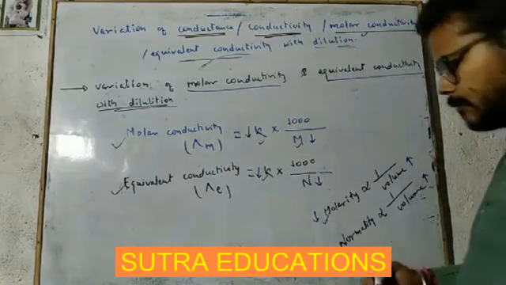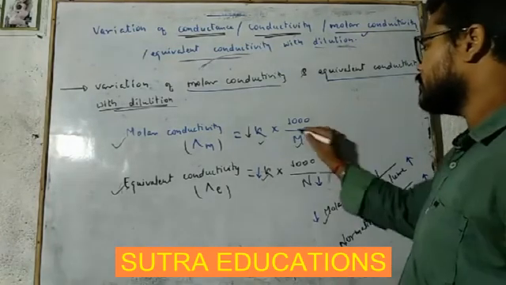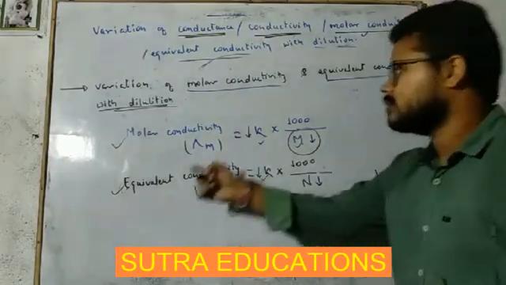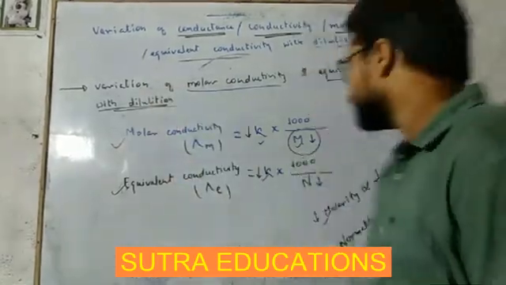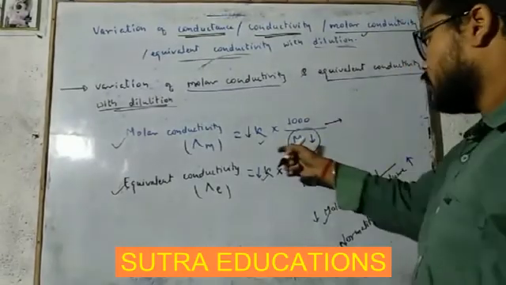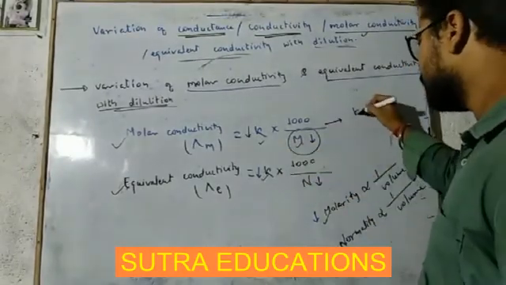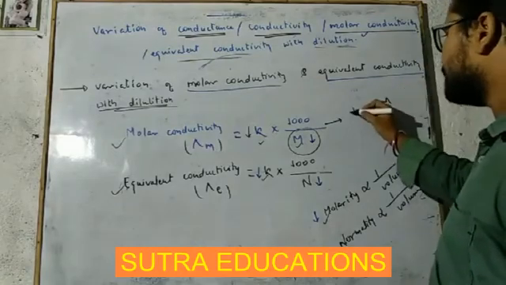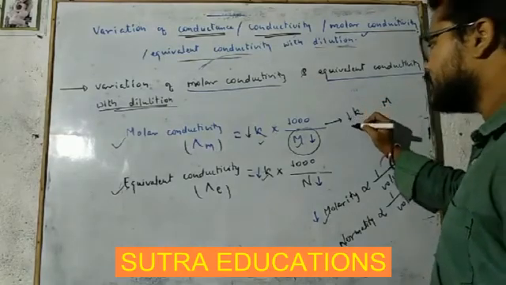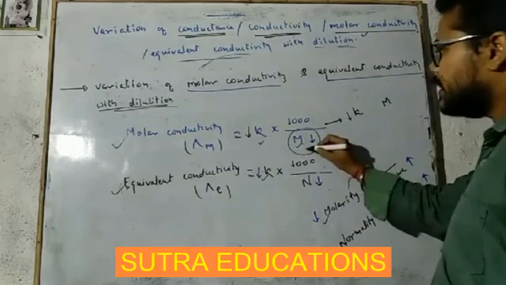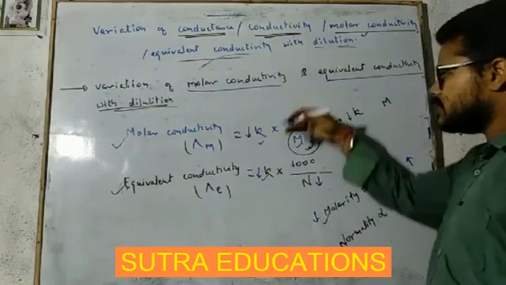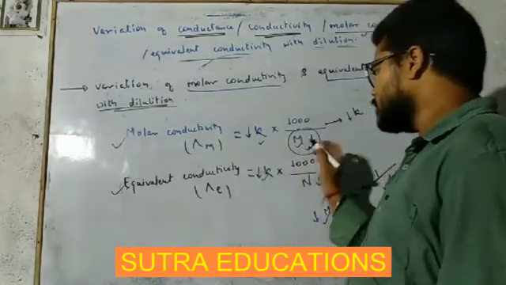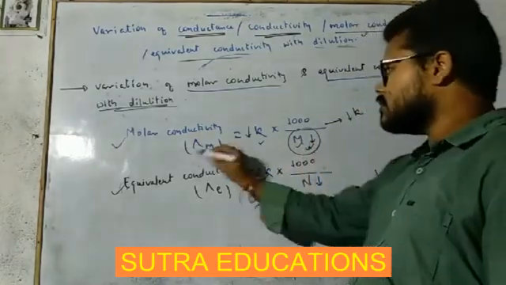So if molarity will decrease, molarity is placed in the denominator, means this molar conductivity will increase. Two factors are acting here, kappa and molarity. Kappa is decreasing, and molarity is also decreasing. But since this is placed in the denominator, because of this, if it is decreasing, this will be increasing.